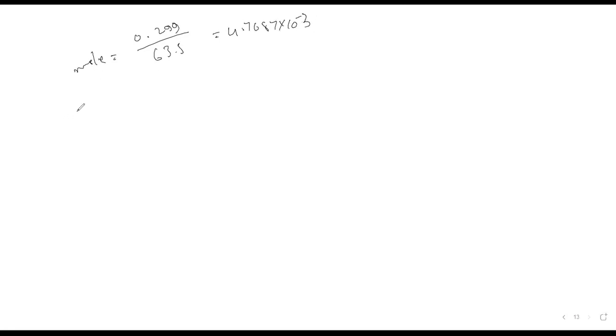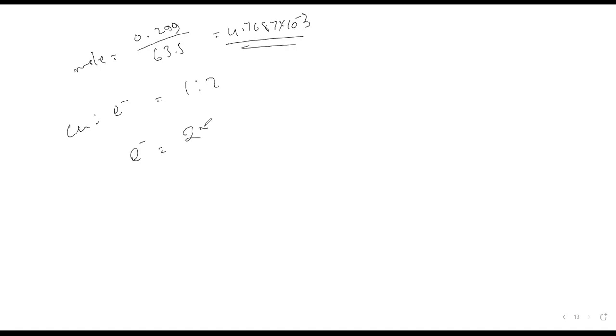Now that means copper gains 2 electrons. From the equation we get the molar ratio is 1 to 2. That means the mole for the electron should be double of this one.